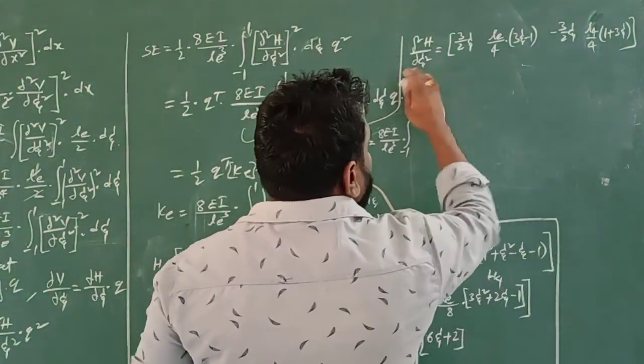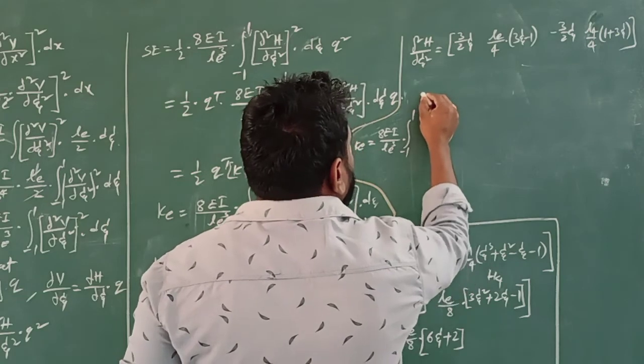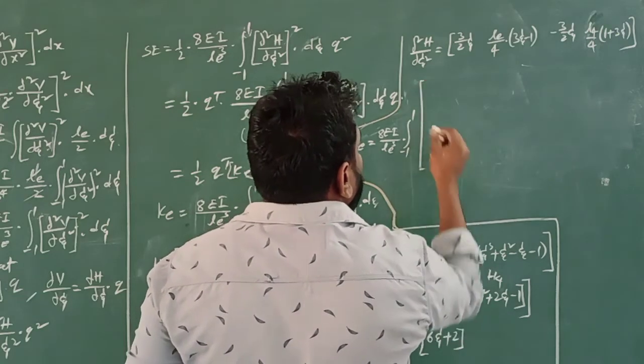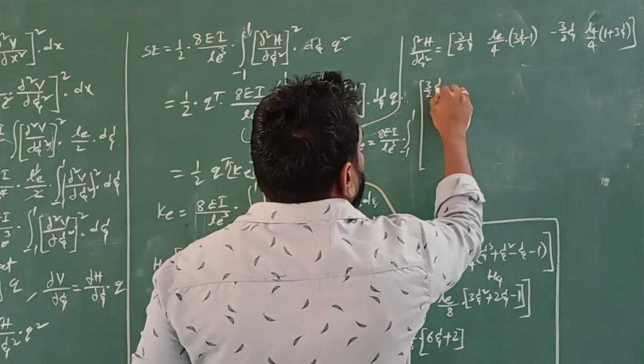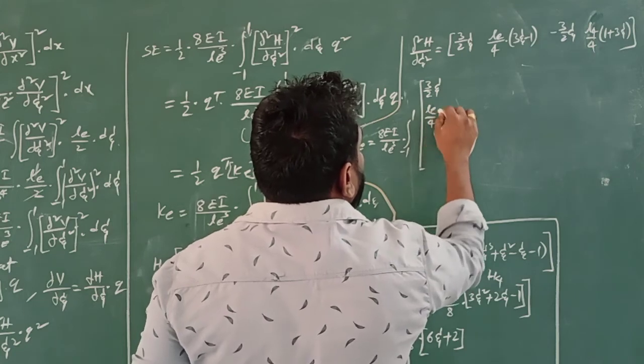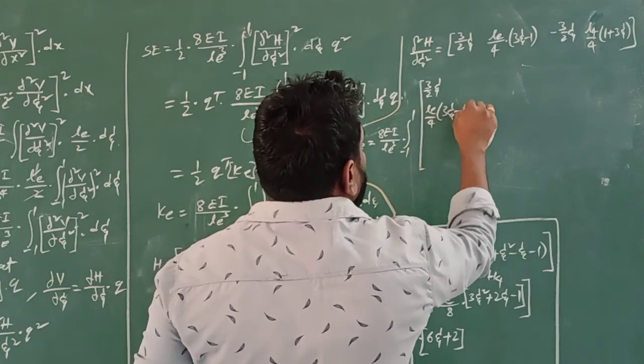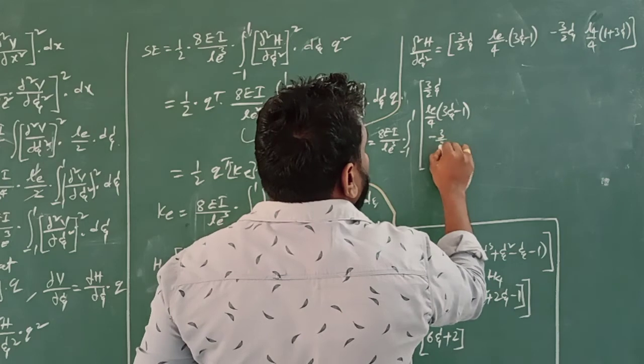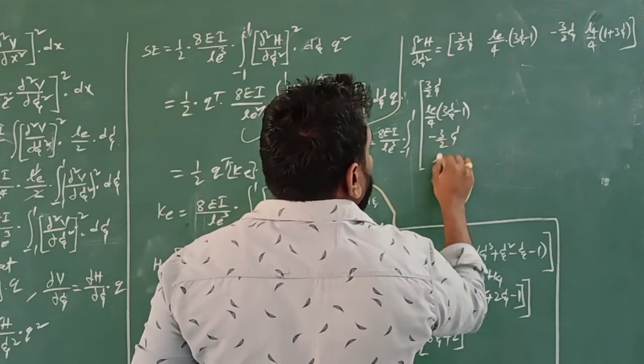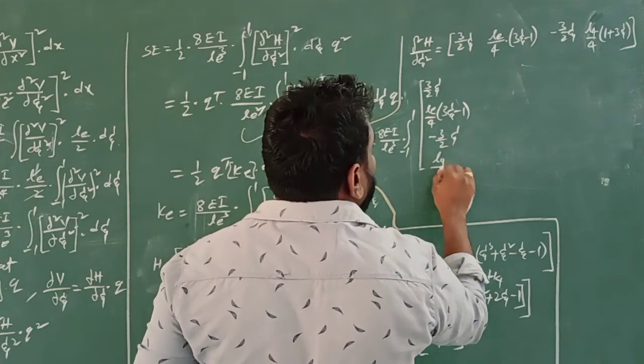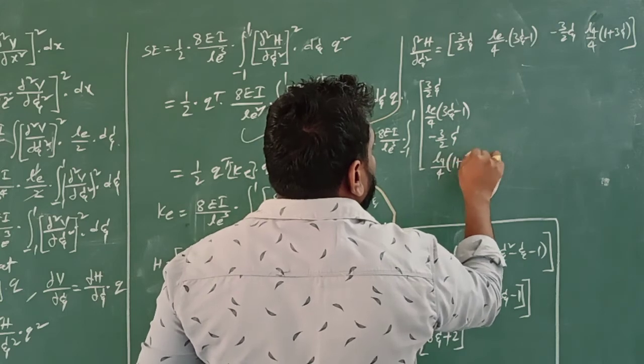Okay, this matrix is transpose: 3 by 2j, Le by 4 into 3j minus 1, minus 3 by 2j, Le by 4 into 1 plus 3j.